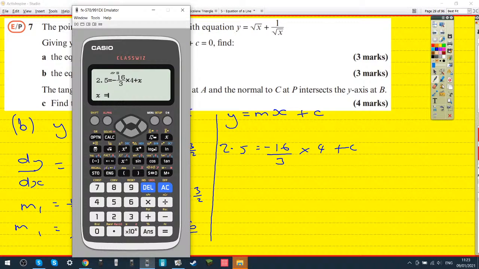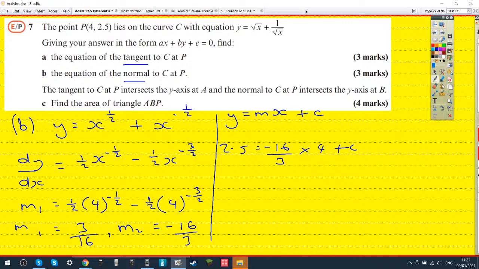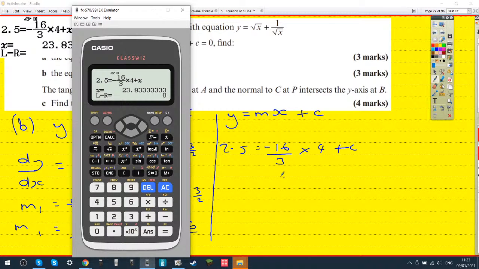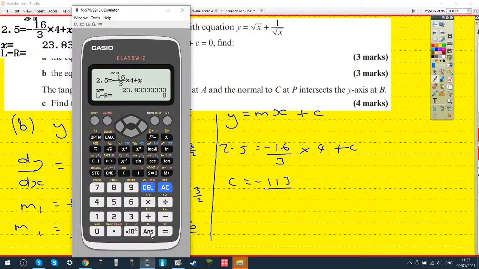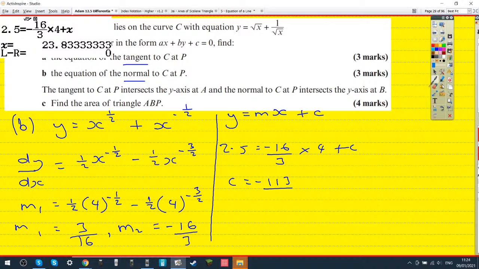So that gives us minus 143 over 6 equals c. Okay.